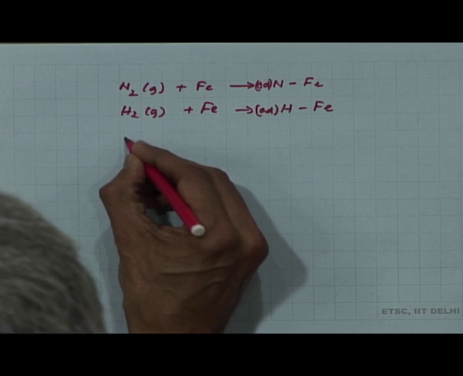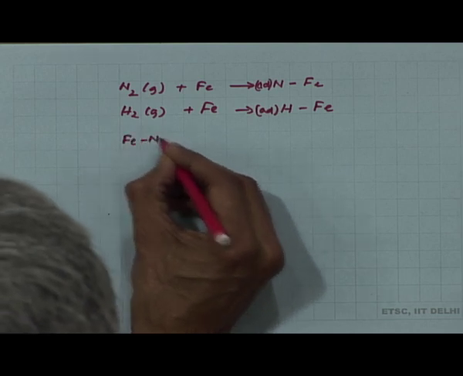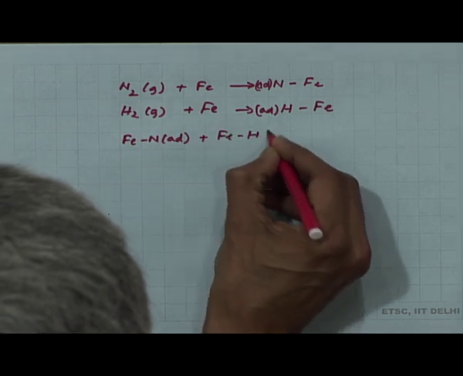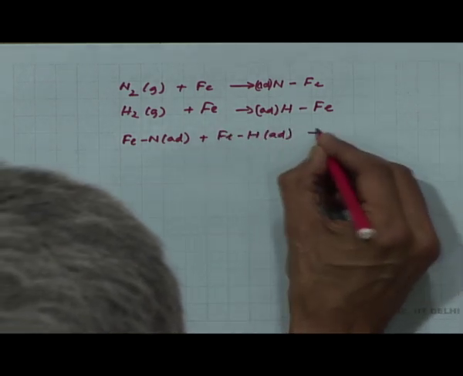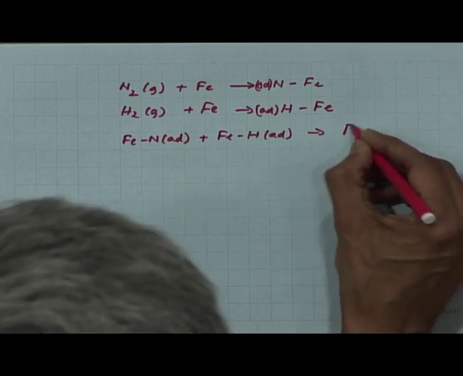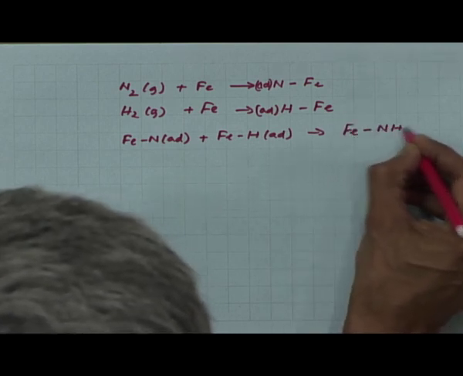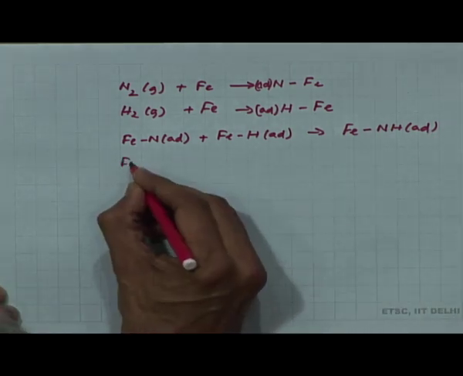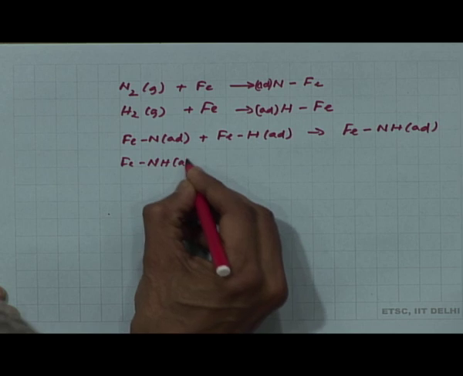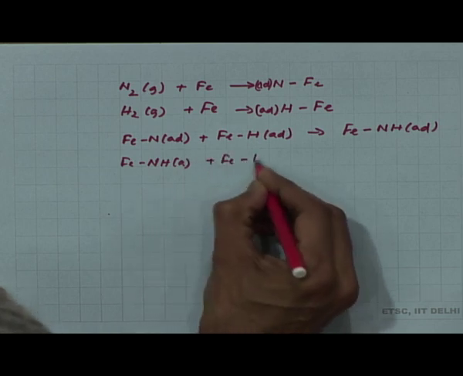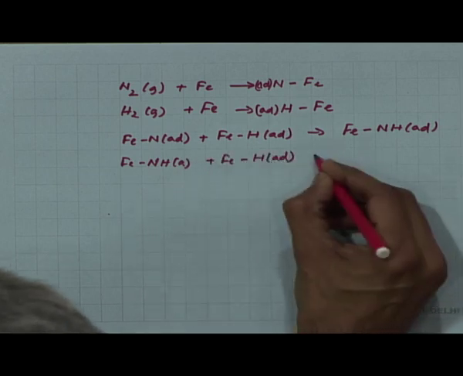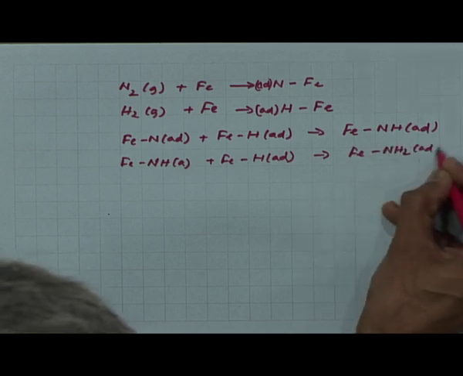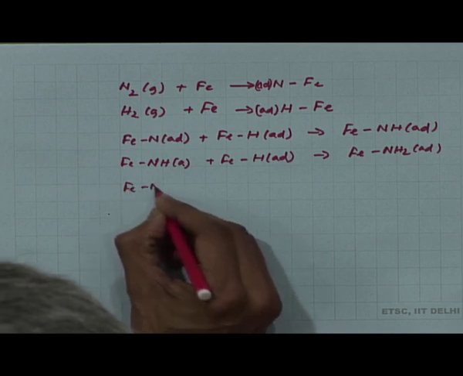The hydrogen and the nitrogen that are adsorbed on the surface will react to give you NH adsorbed, and then this goes on to a next step, and then a third step.